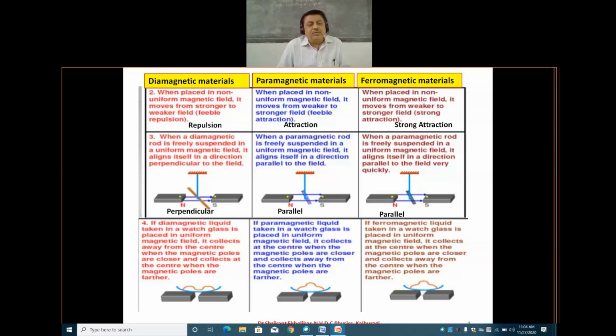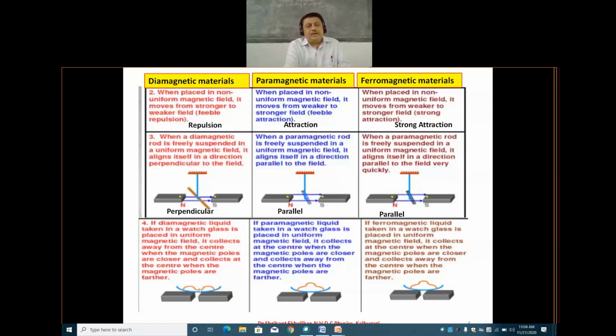If a rod of diamagnetic material is suspended, then it will stand perpendicular to the direction of the magnetic field. And if a liquid is placed in a watch glass on the magnetic pole, then we get a dip in the middle for diamagnetic liquids.